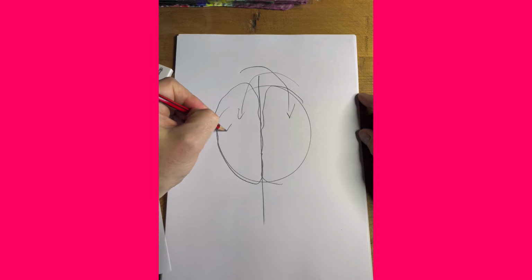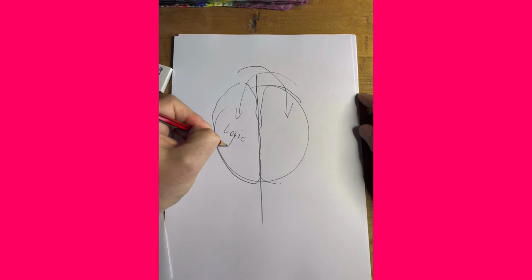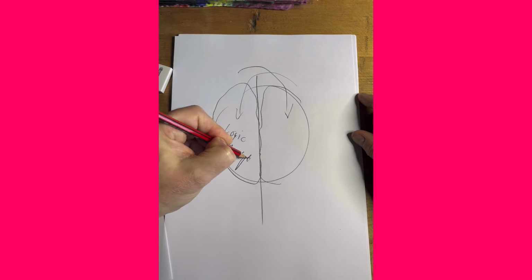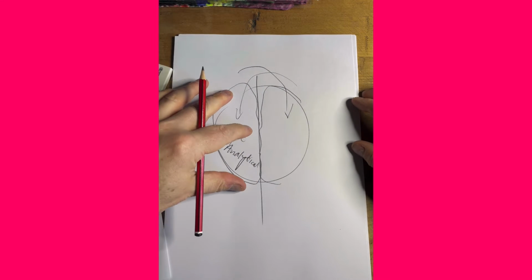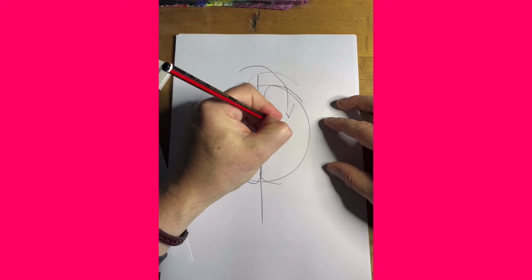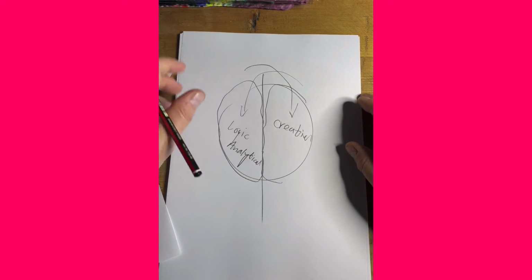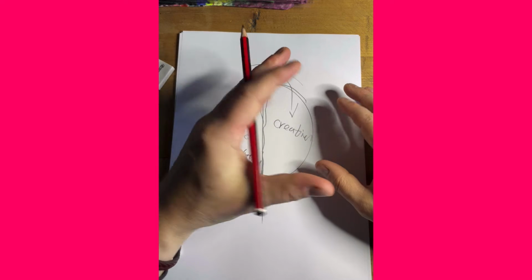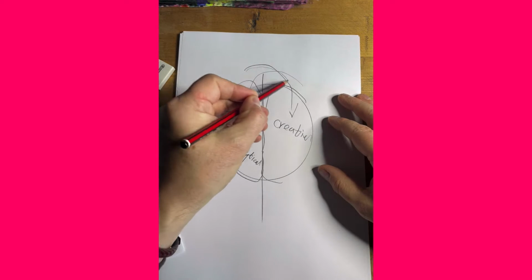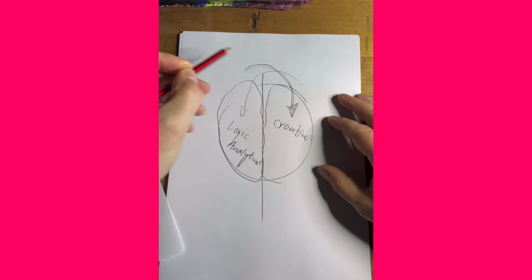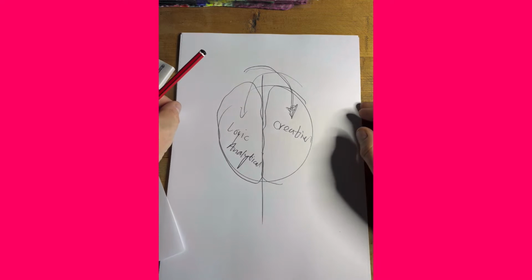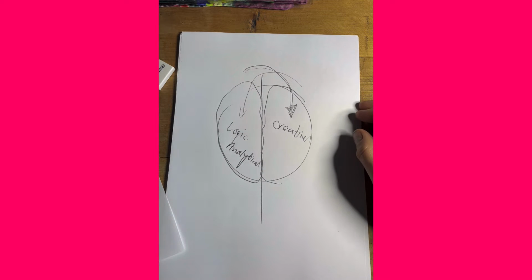The left-hand side is supposed to be logic and the sort of analytical, science, maths, problem solving, and the right is supposed to be the sort of creative side, music, etc. And a lot of people who are left-handed tend to use more prominence with the right hemisphere than the left. Don't ask me why, but they do, apparently.